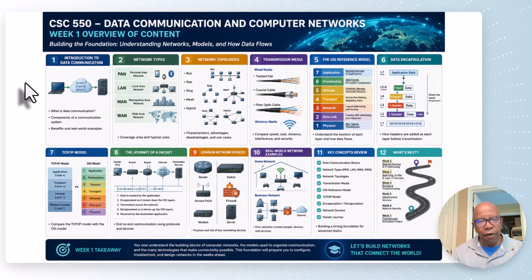So we'll talk about the fundamentals of getting those packets there, and what steps it has to go through. And then we have the common network devices. These are the basic terms that we're going to be starting with. Then we'll build on that, and then look at some real world examples to wrap it up.